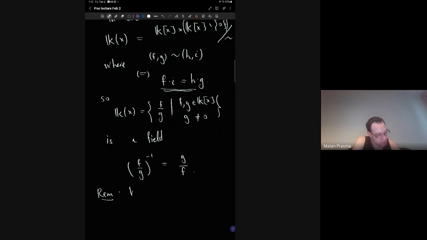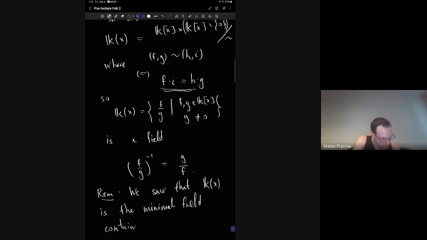We saw that K(x) is the minimal field containing K and a new symbol x, right?